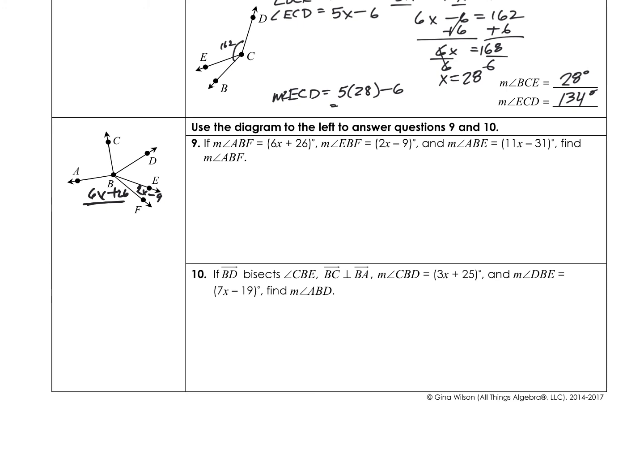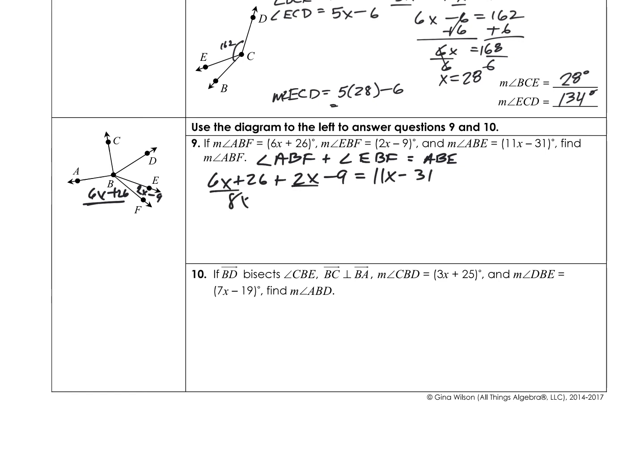So we can set up an expression. Angle ABF plus angle EBF is equal to ABE. Okay, and then I'm just going to substitute those expressions in. 6x plus 26 plus 2x minus 9 equals 11x minus 31.